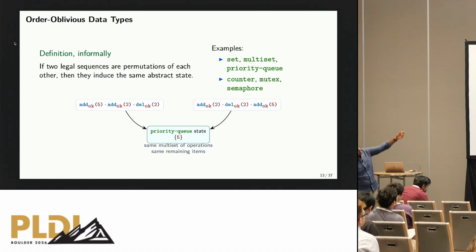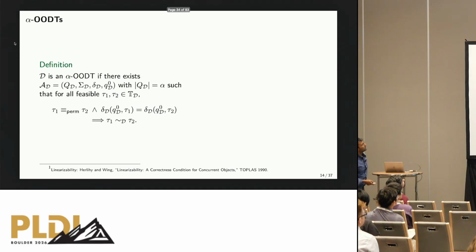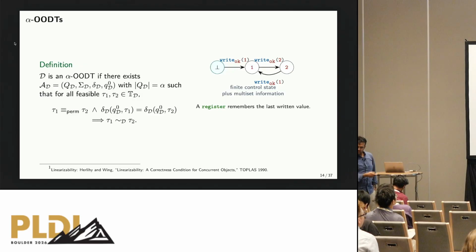And there are a lot of data structures that very naturally satisfy this restriction. And then we showed that we can also extend this definition and add other data structures like registers. This is a very mild extension of this definition. Alpha is some sort of a parameter. It roughly says that on top of them being permutations, they also have to have the same behavior on some extra automaton that you have on the side.